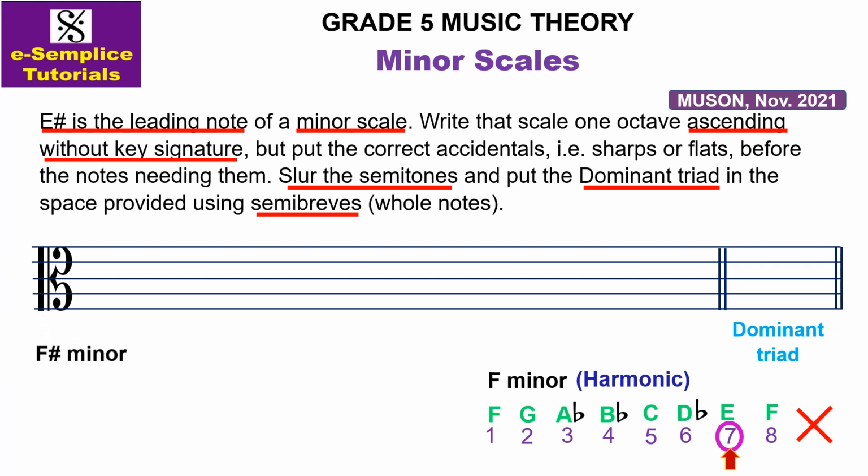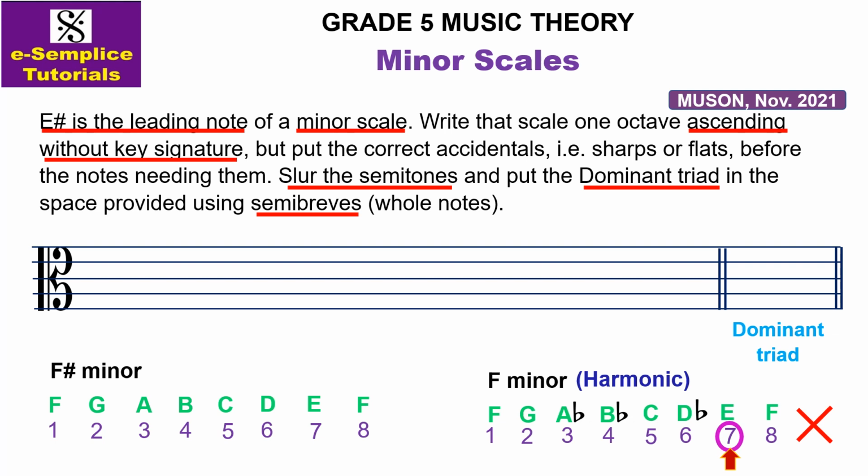Well, I'll take a turn. Possibly I'll try F sharp minor, still retaining F to F, and then put the natural key signature accidentals in F sharp minor. And then to make it harmonic, I'll raise the 7th degree.